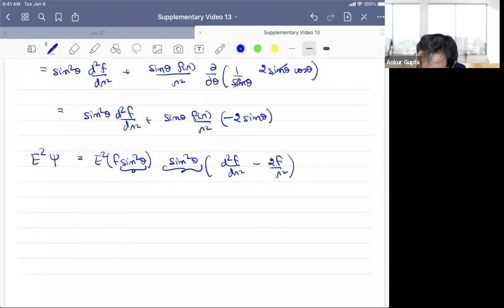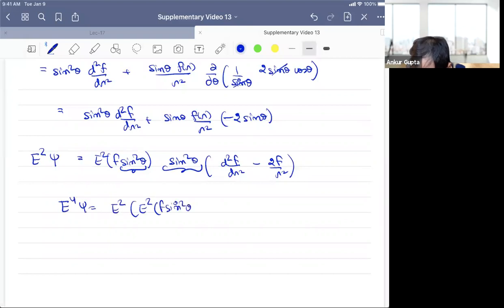So the other way I can say is to calculate E⁴ of ψ, right? So this is what I want to do.